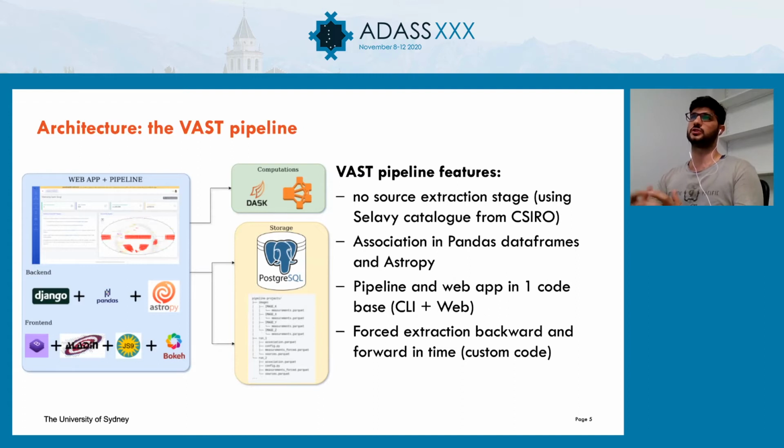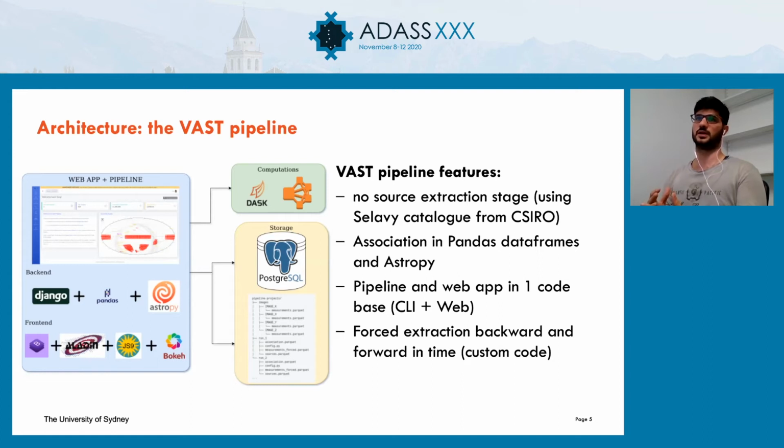AstroPy. So essentially the VAST pipeline that we built is a Django web app where both the web app and the pipeline itself, which can be run via command line, are united in the same code base.